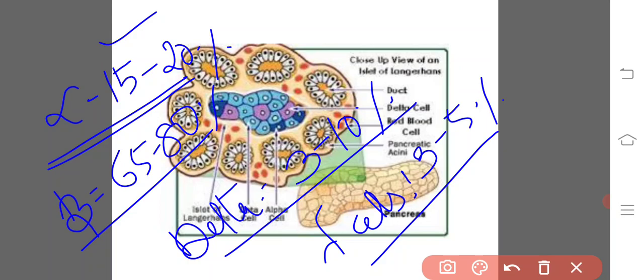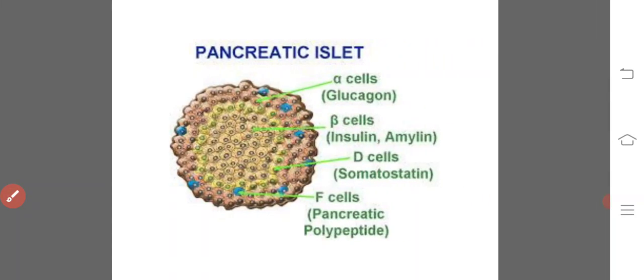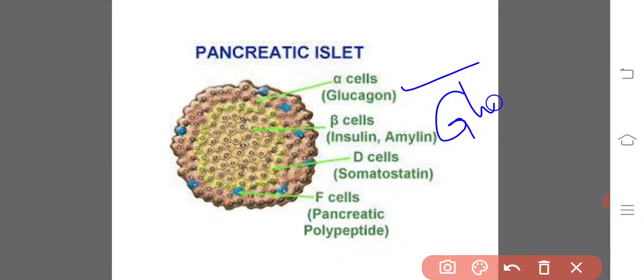If you observe furthermore, the alpha cells secrete glucagon. What is the function of glucagon? It raises the blood glucose level by increasing the glycogenolysis.